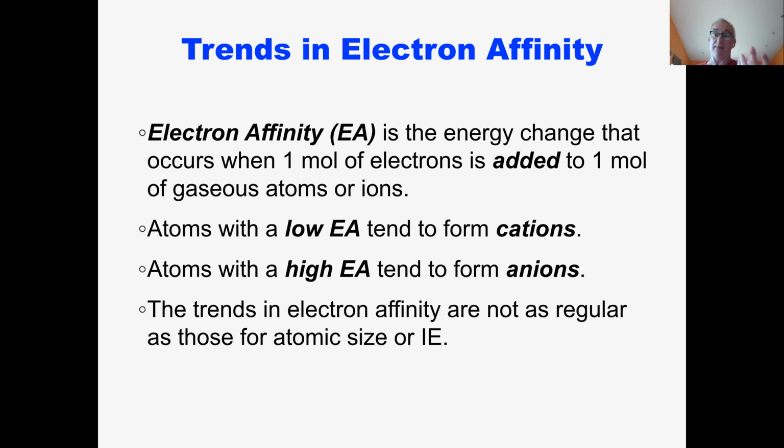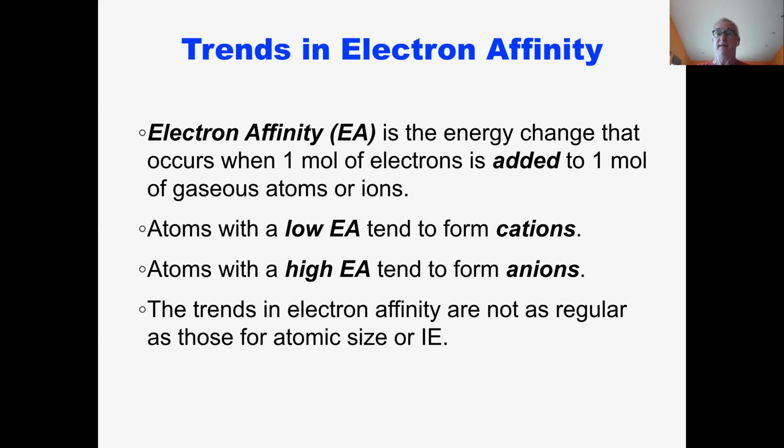Now we're looking at the opposite. This is electron affinity. So instead of stealing and taking an electron away from these atoms, now we're sort of offering it. Would you like this electron? And so it's the energy change when you add an electron to a mole of gaseous atoms or ions.